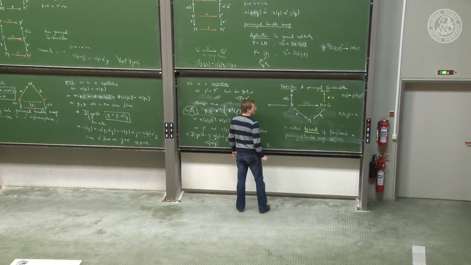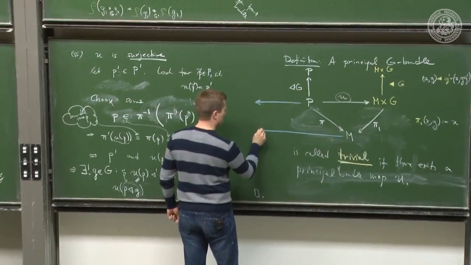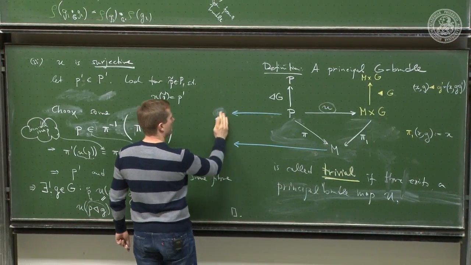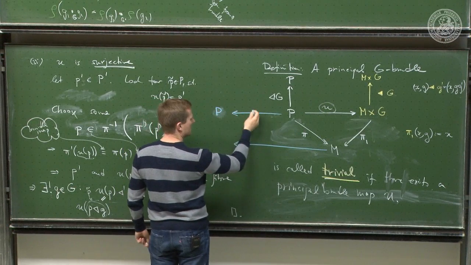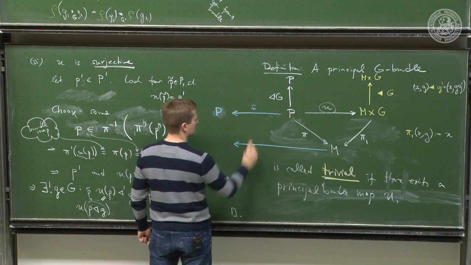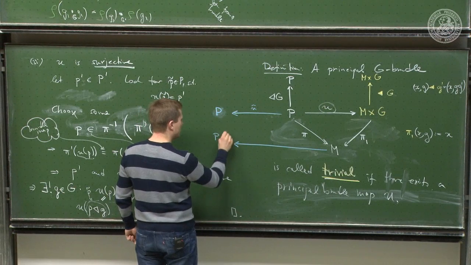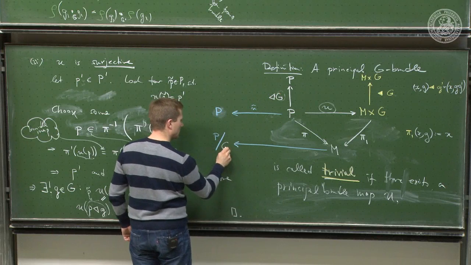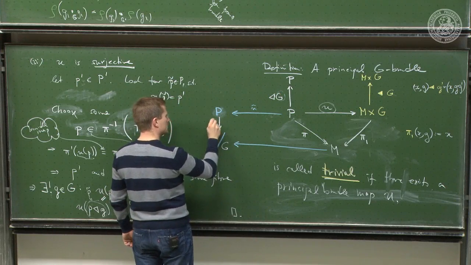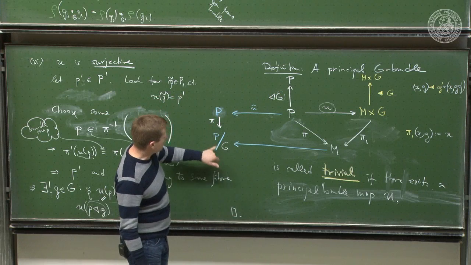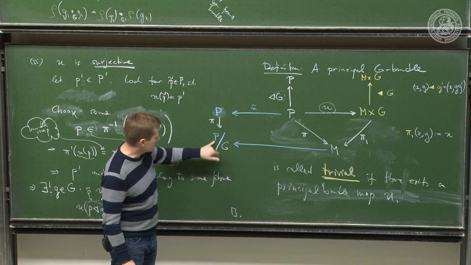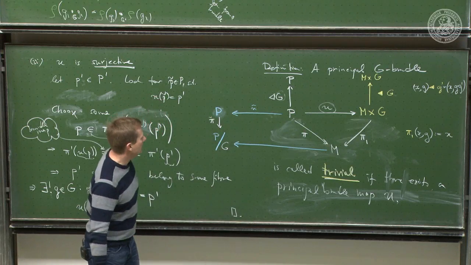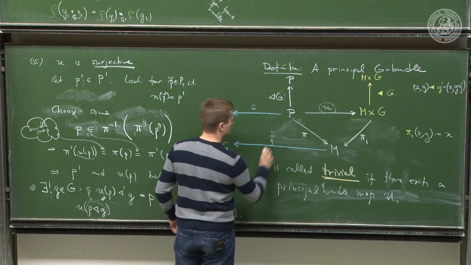You have a map from P to P, another map U, let's call it U twiddle. And down here to P mod G, the quotient space, the set of equivalence classes of orbits. This is the quotient space map, pi twiddle. And here you have an F twiddle.